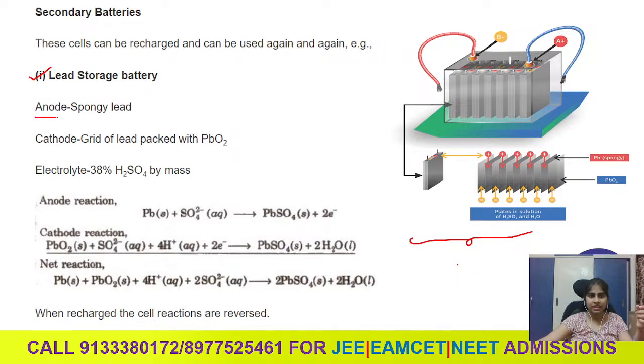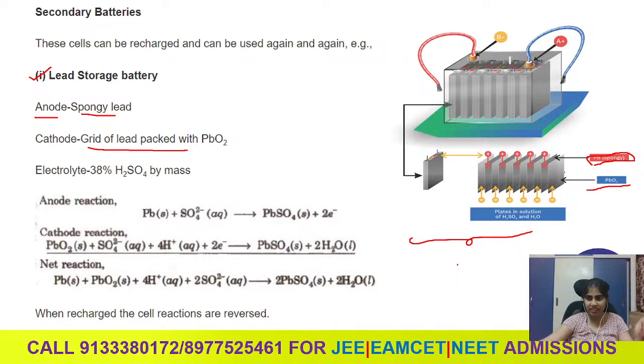What happens here? The anode here is spongy lead, and the cathode here is the grid of lead packed with PbO2. You can see here, this is the cathode and the above is the anode.